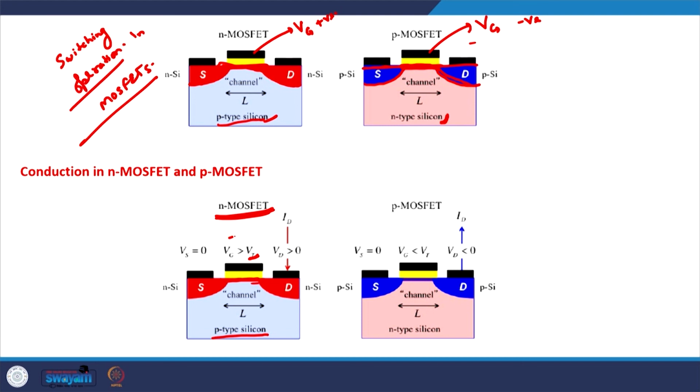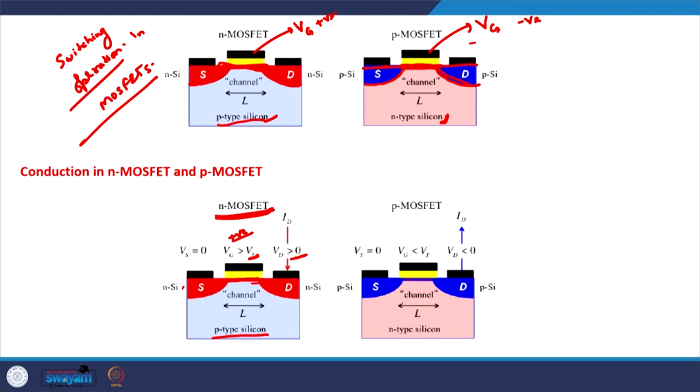The source terminal is generally kept at ground, and generally we apply a positive voltage on the drain terminal, and that is how the electrons go from the source to the drain, or the current flows from the drain to the source, and that is how this essentially works.